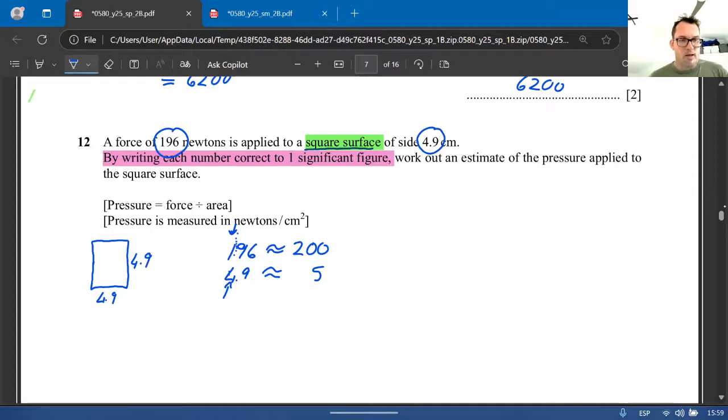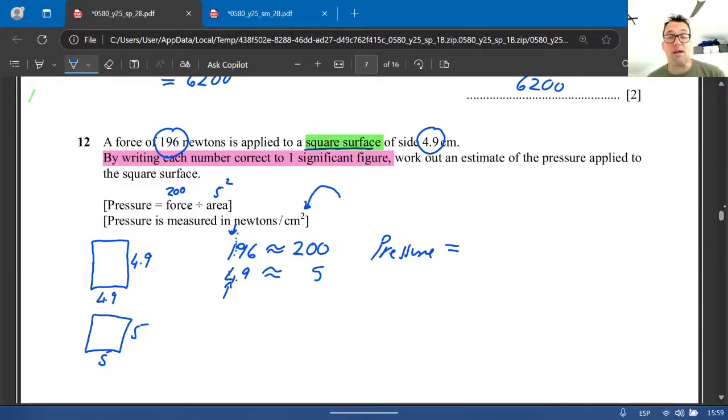Okay. The force, that's the force. Force is 196. We rounded it to 200. Divided by the area. Okay, remember now, we've rounded this square to a square that is 5 by 5. So we need to divide it by 5 squared. So the calculation here for the pressure. See, there's another clue there.